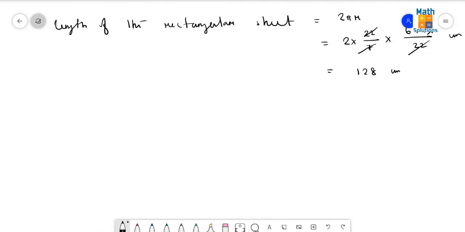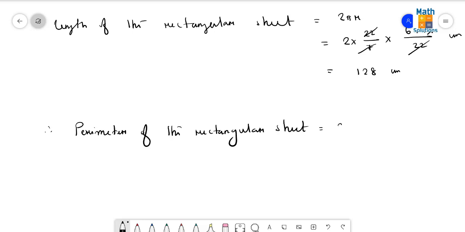Therefore perimeter of the rectangular sheet is equal to twice length plus width. So what can we write?